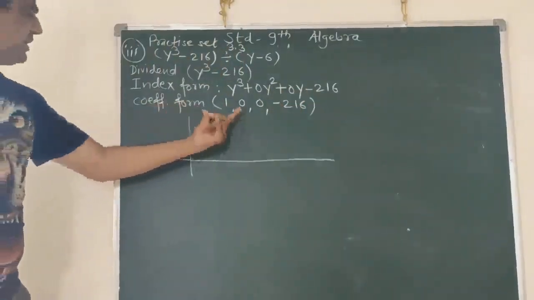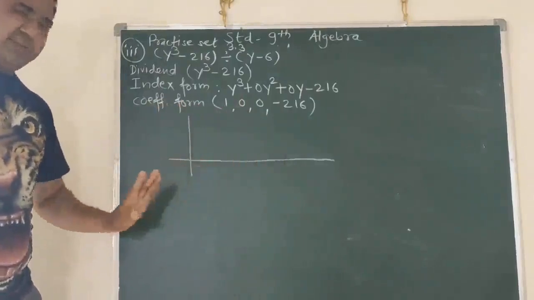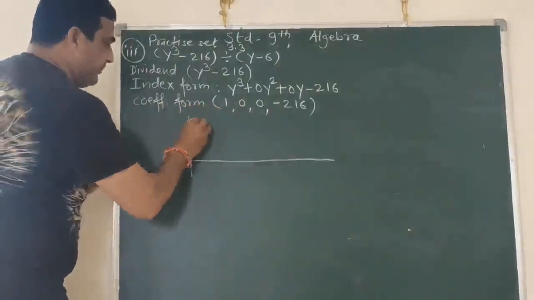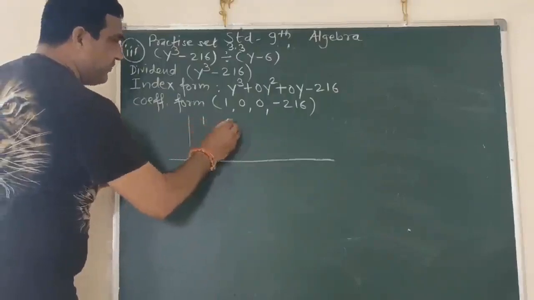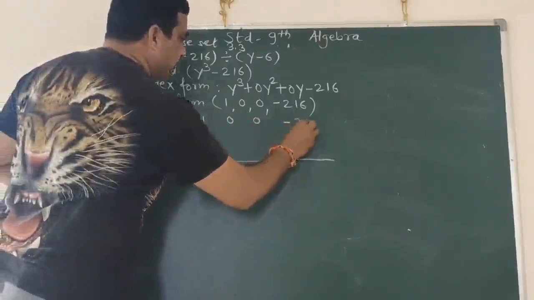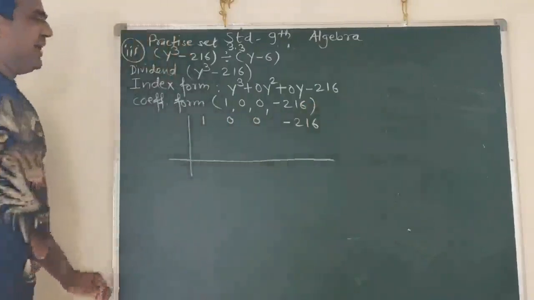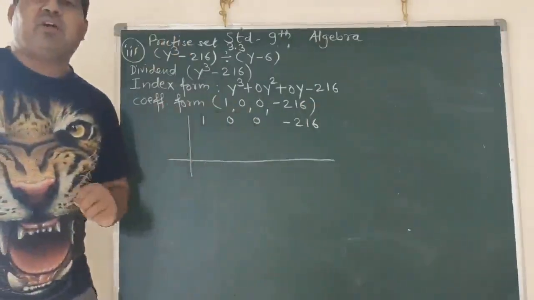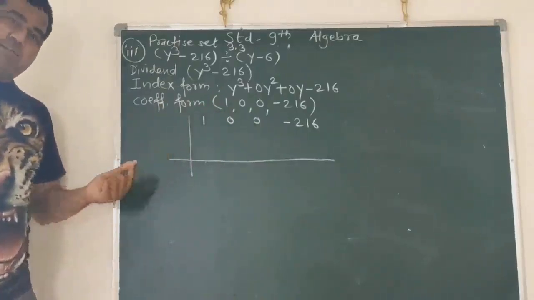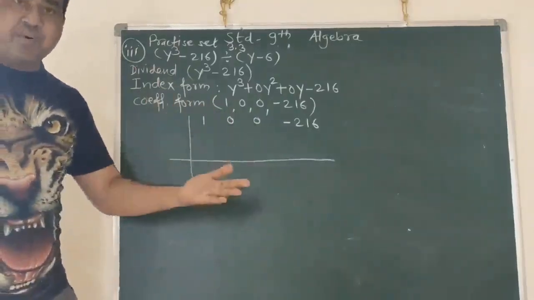We can write numbers here, leave some space below it, and then a line. First of all, write the coefficients apart from each other: first 1, next 0, next 0, next minus 216. Now we want the divisor here, but we want the divisor in the form of a number.